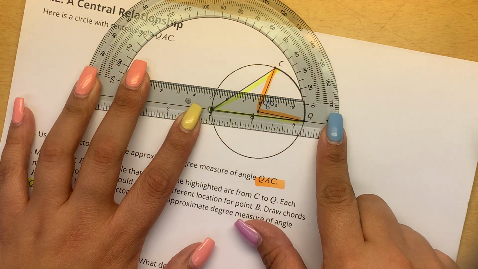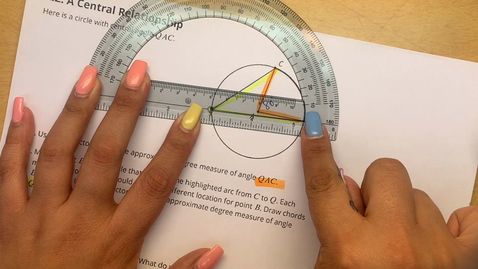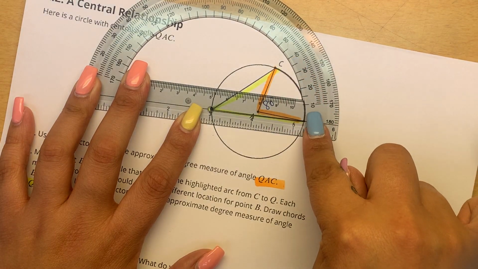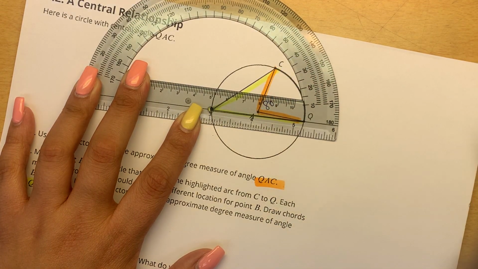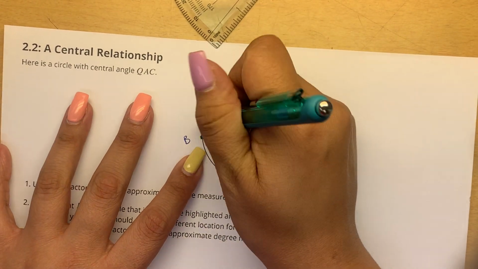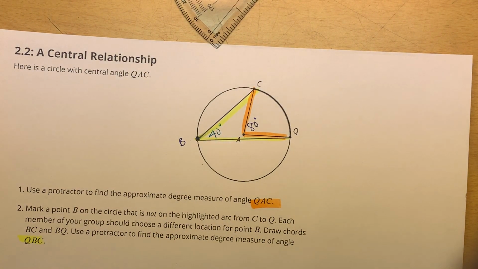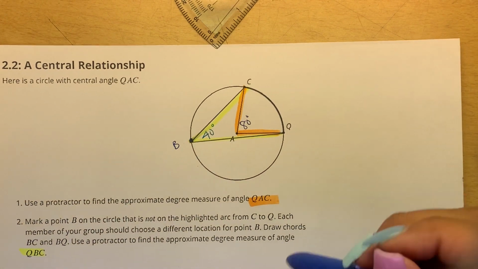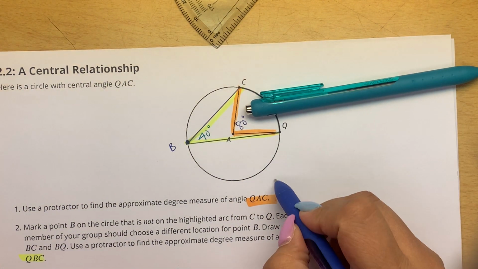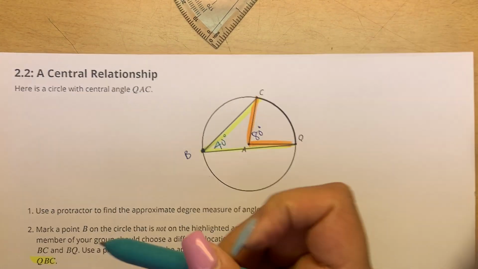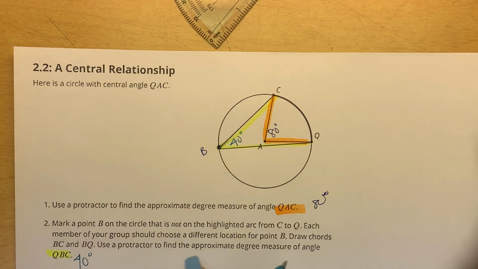Since I'm starting at this angle, I'm going up. I'm going to start with these numbers here, and that looks like it ends up at about 40. So let's write that in: 40 degrees. This one was 80, and this one is 40.